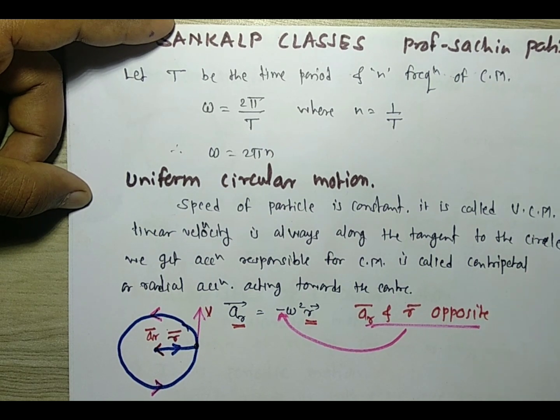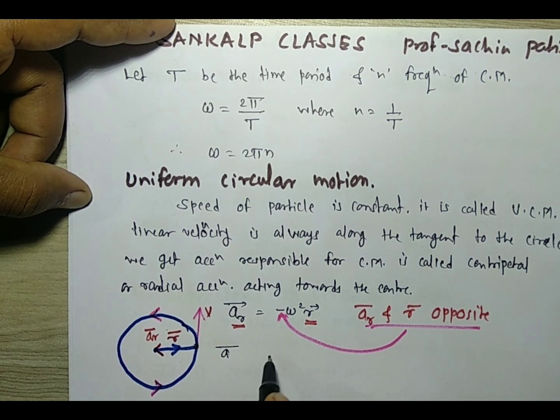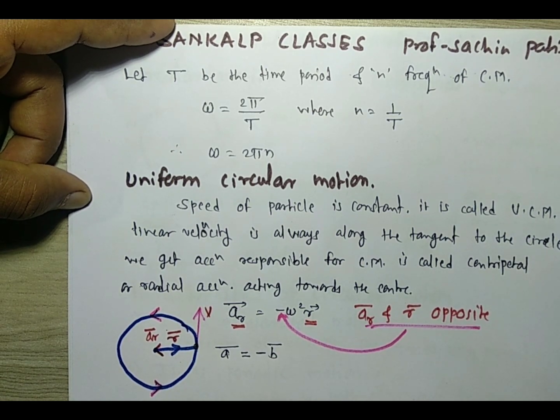Let us consider two vectors, a bar and b bar, that are opposite to each other. Then one vector is represented as minus the other: a bar is equal to minus b bar.